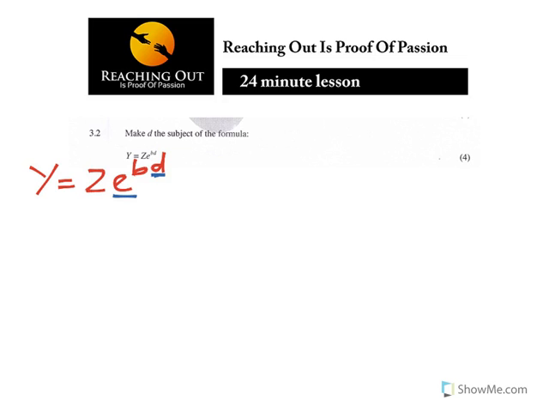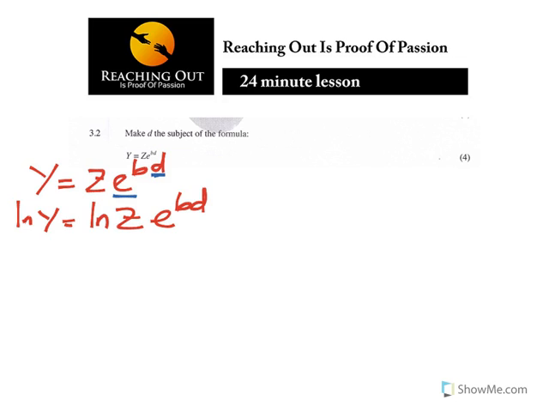You introduce not logarithms but ln. You can automatically introduce ln. So you've got ln y is equal to ln of z, and I prefer to write z like that so that it differentiates from e to the bd.